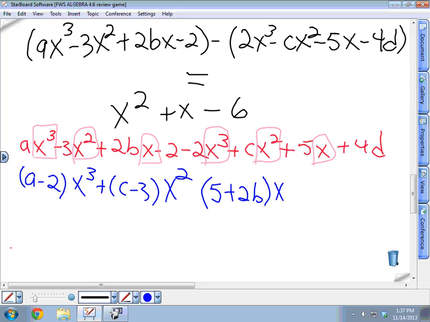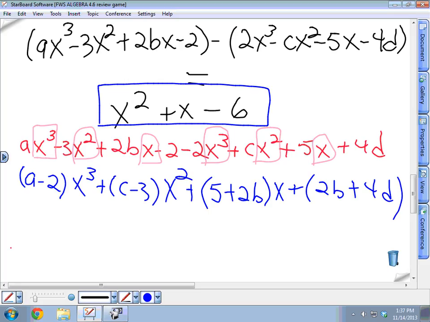And, sorry, these were all adding these. And then our constants, we have 2b plus 4d. Okay? Now, all of this has to equal this. This is what it said that it equaled up here. Okay?